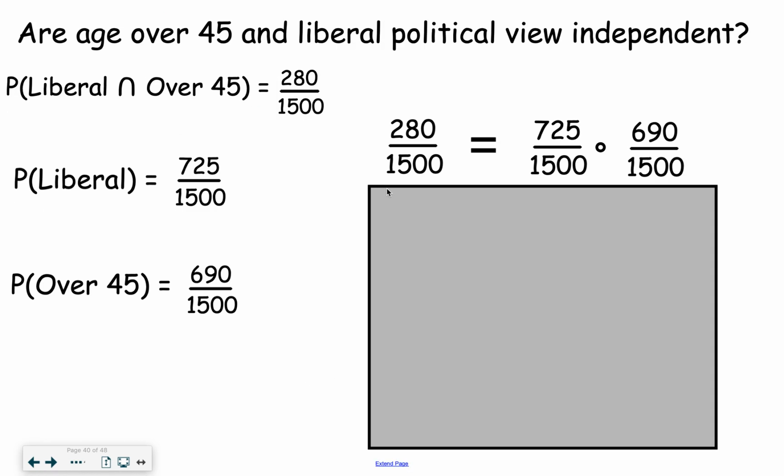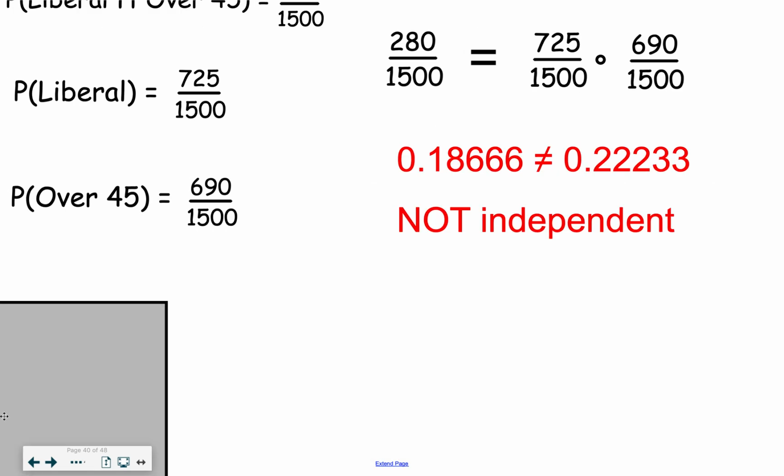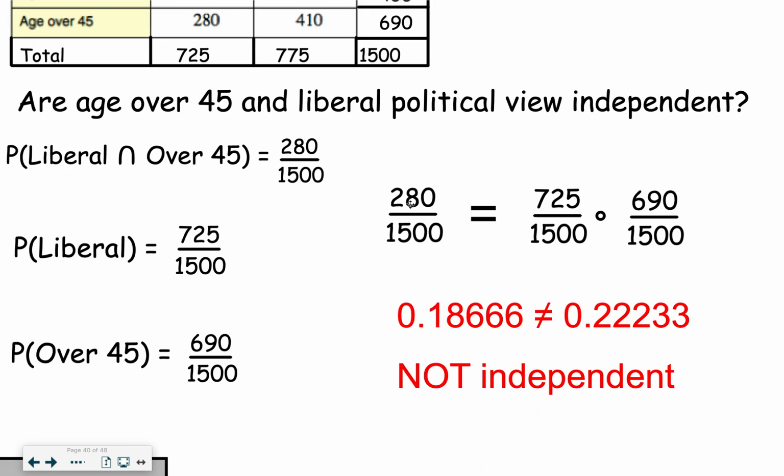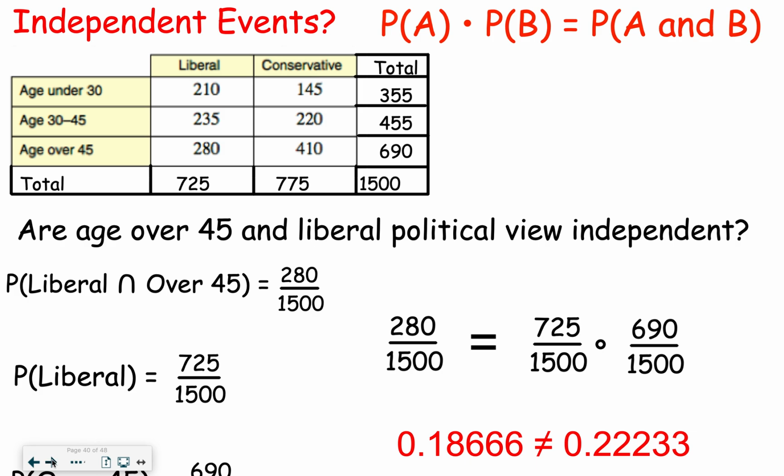Is the probability of being liberal, 725 over 1500, times over 45, 690 over 1500, equal to the intersection? So again, you pick up your calculator, you carefully type in these numbers, and I kind of multiplied those out already, but you can verify. And I got 280 over 1500 to be about 19%, which does not equal the product of these two. It's not close enough. If it's close, I would say like 1% or less. So these two events are not independent.